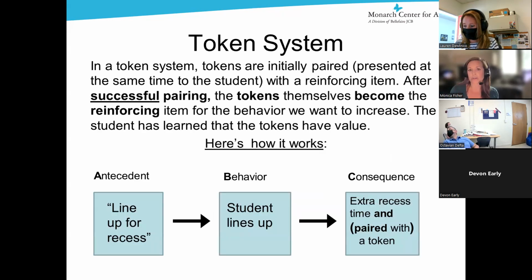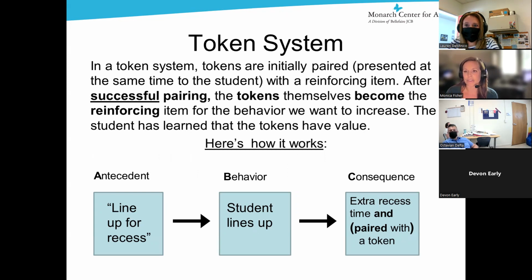In a token system, tokens are initially paired, presented at the same time as the reinforcing item. And then after that successful pairing, the tokens become the reinforcing item for the behavior we want to increase. So an antecedent is, for example, line up for recess. The behavior is the student lines up, and the consequence is extra recess time paired with a token.